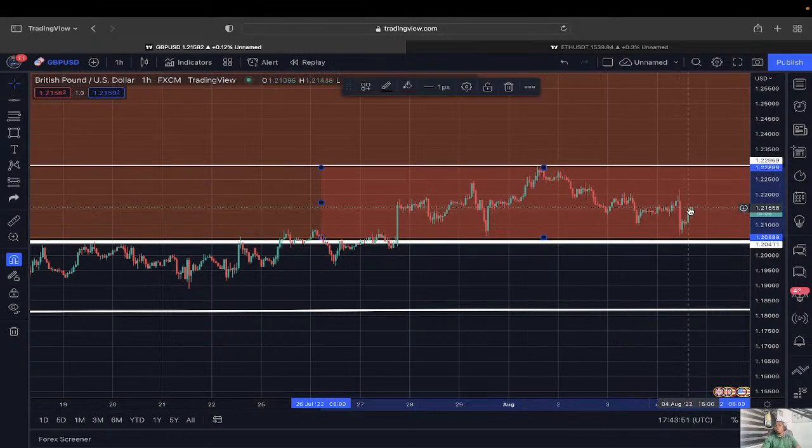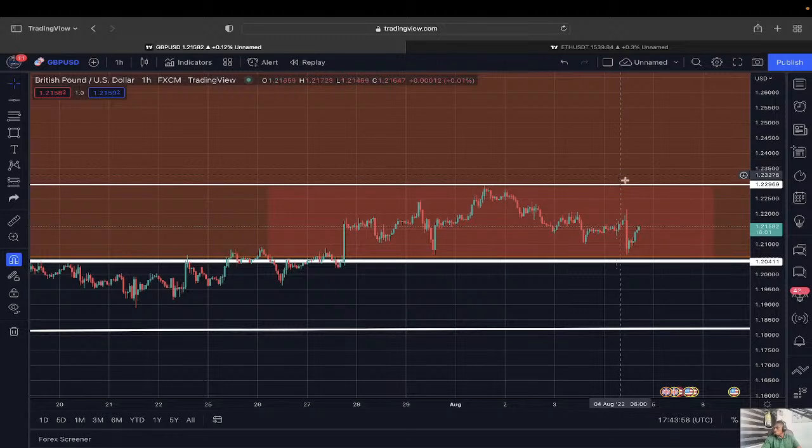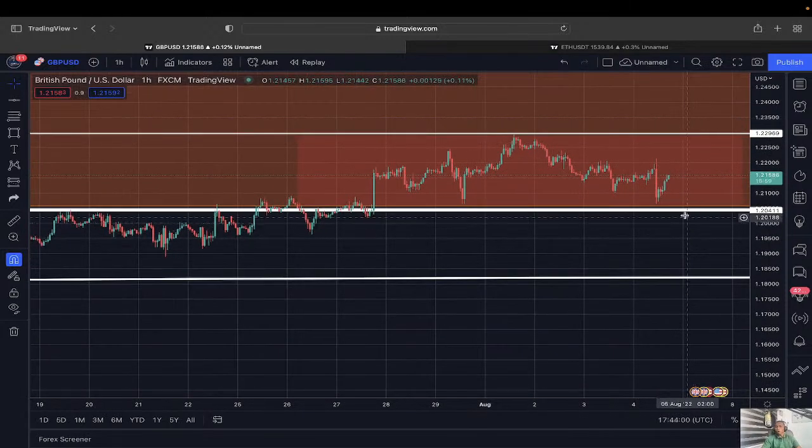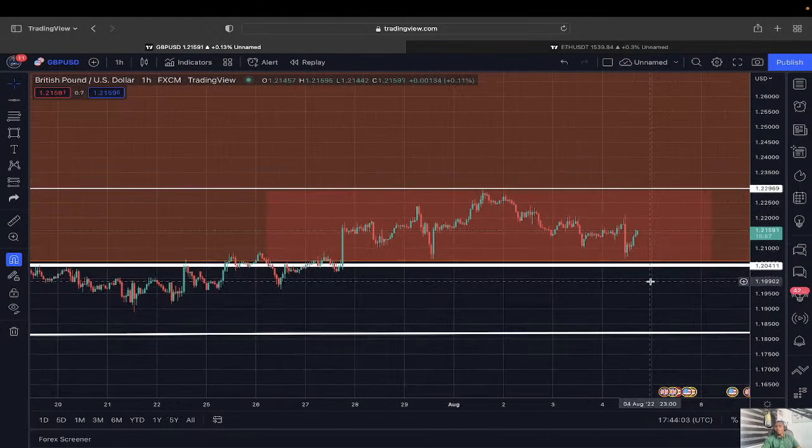You have to be patient for the market to decide what direction it has chosen, either bullish or bearish. For intraday traders, you might want to be patient and stay away from the market. I don't advise you trade a choppy market, a market that does not have a clear direction. Wait for direction to be created, then you push through. So I'm done with this analysis.